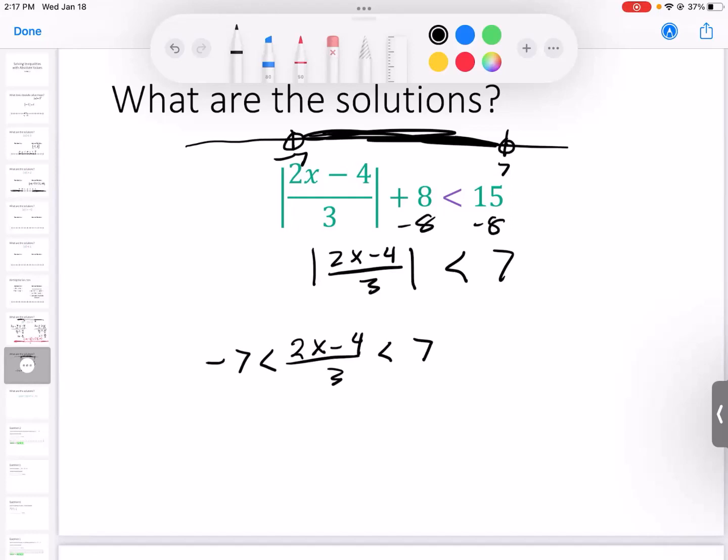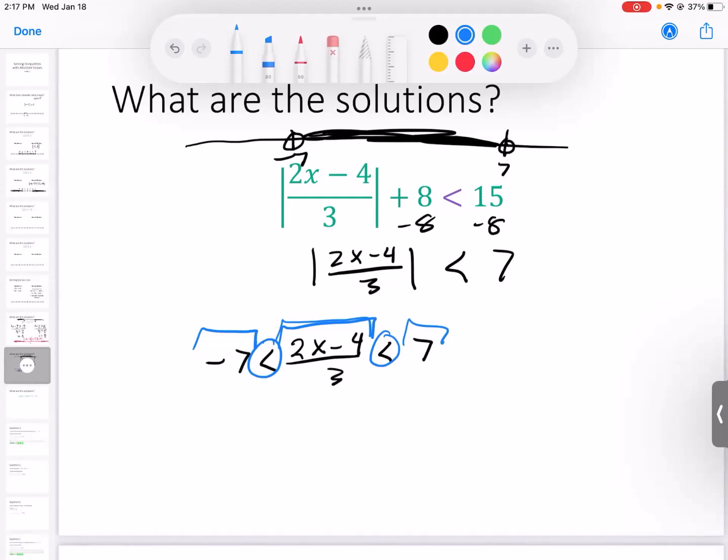In some ways it is kind of 2 inequalities, but I like to think of it as a compound inequality because it communicates that this stuff has to be in between these 2 numbers.